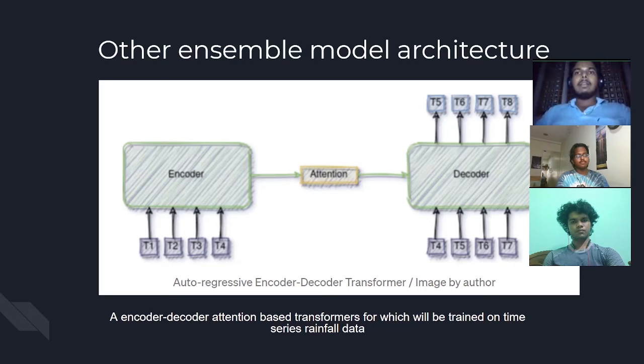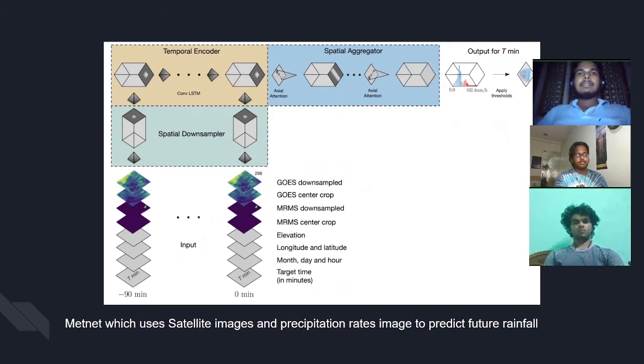So this is the diagram of that model. And next we will be using the state-of-the-art model named MetNet, which uses satellite images of the Earth, and also the precipitation rates, which are also given in the form of images, to predict the future rainfall at each place as an image.